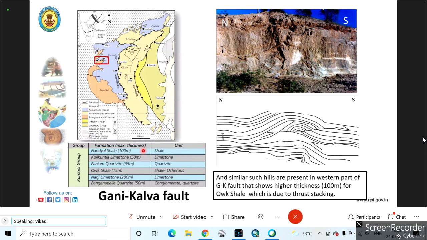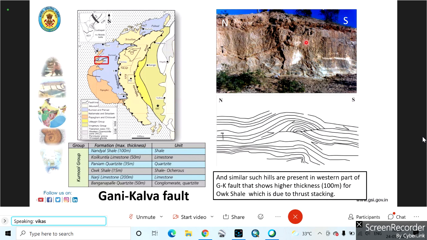So what can happen is, when we see the stratigraphic thickness, we put it in our mind that roughly it will be somewhere around 15 meter. But at some places, as in this photograph, you can see these are very thick ones. Even the whole hill we have seen is all Oak Shale.